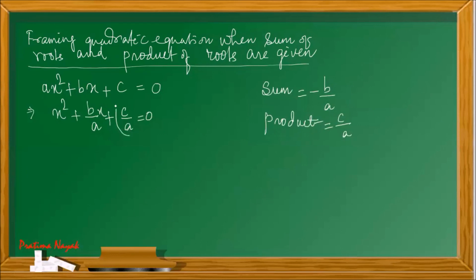I already get c by a, so this is the product. I can replace the product here. But here there is a little difference: it is b by a, but the sum is minus b by a. So I can rewrite this equation as x square minus sum of roots into x plus product is equal to 0.